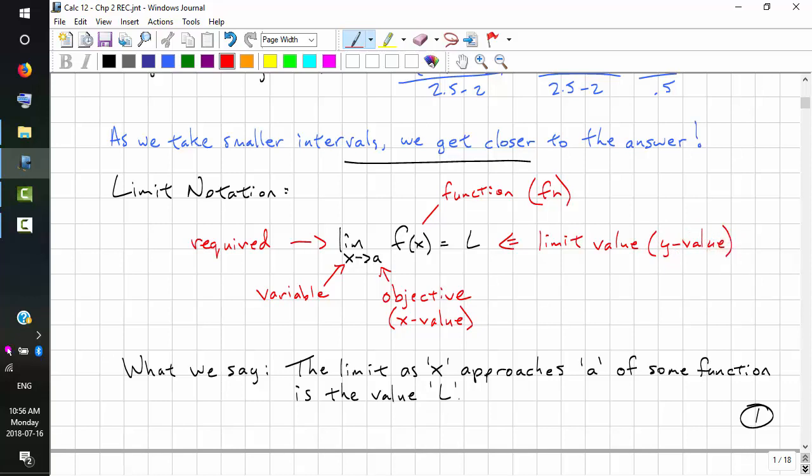Okay, so we're looking for a variable getting close to an x value of a function, and we're going to try to find the y value, or the limit value. The way we say this is: the limit as x approaches a of some function is the value L.